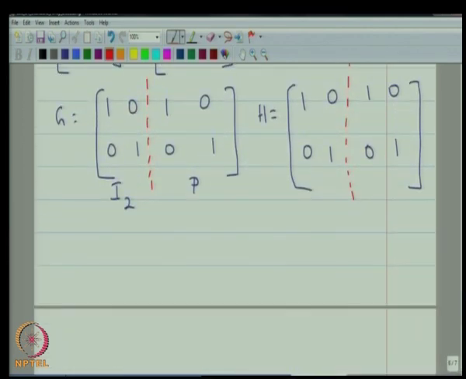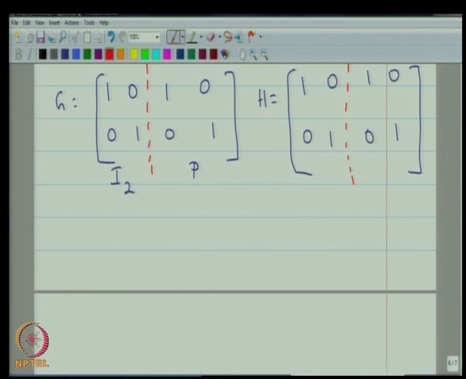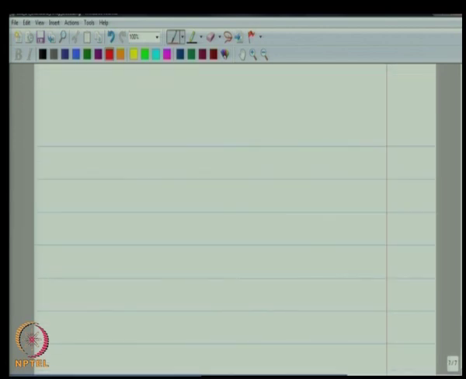Now I am going to set up a table, and that table is going to have 4 rows, so 1, 2, 3, 4, and it is going to have 4 columns.